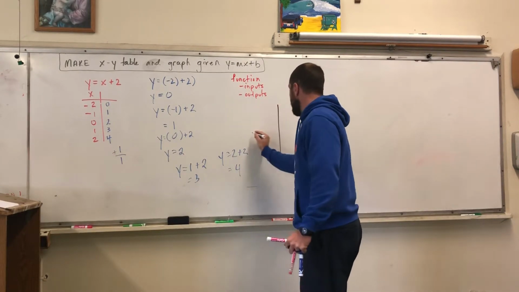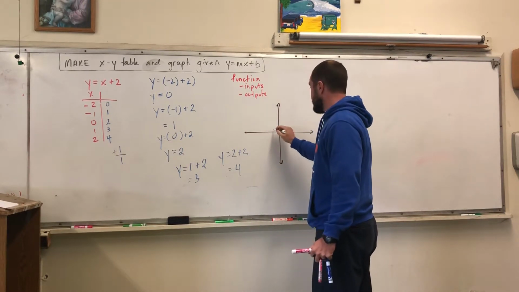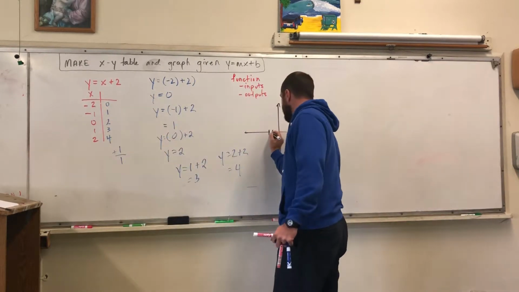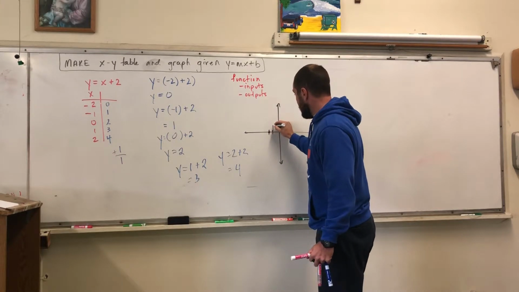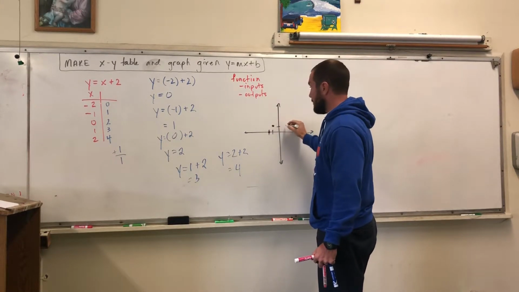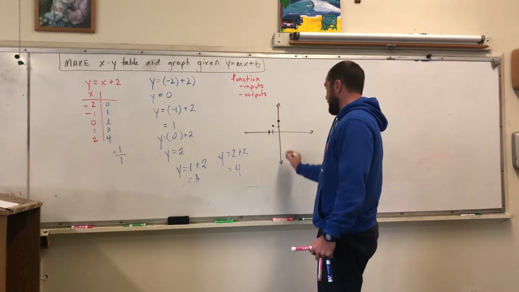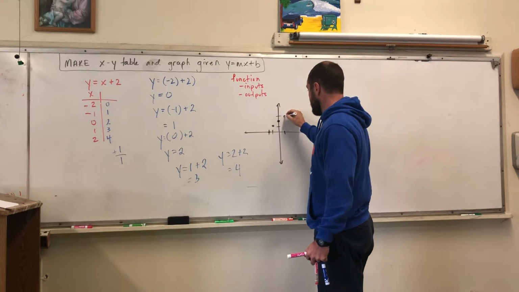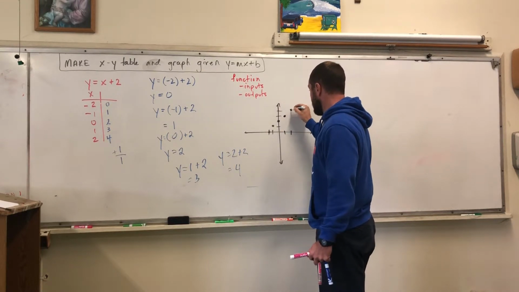or make up your graph, plot your points, -2 for my x-axis, and 0, -1 and 1. I just make slashes for where I'm plotting. I'm not going to put all of them, especially if I'm making a freehand graph, 2 and 4.